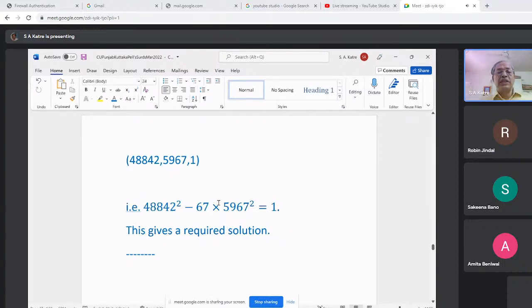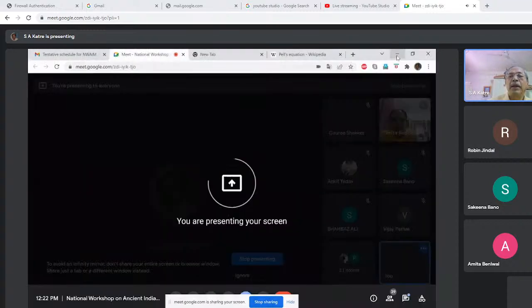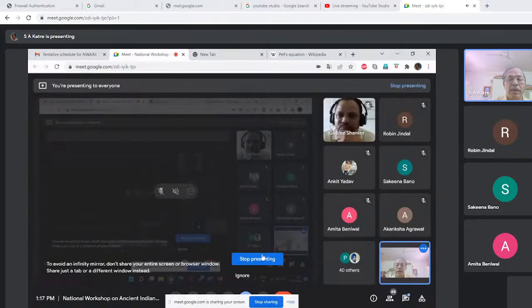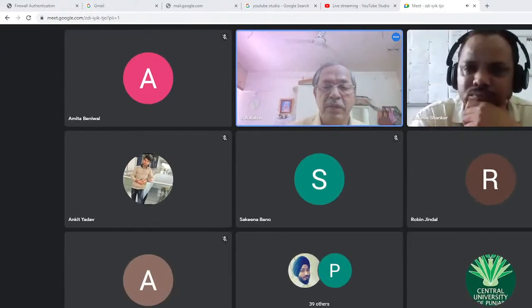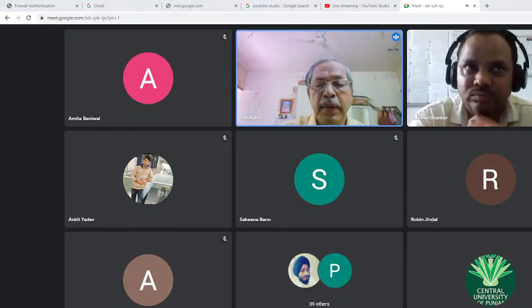So this is another. Okay, so I will stop here. If you have any questions, most welcome. I have explained here Brahmagupta's method and also Bhaskaracharya's method, and this Pell's equation, how it is useful, that I have explained in different ways. If you have any doubts or queries, or if you want to make any comments, you are most welcome.